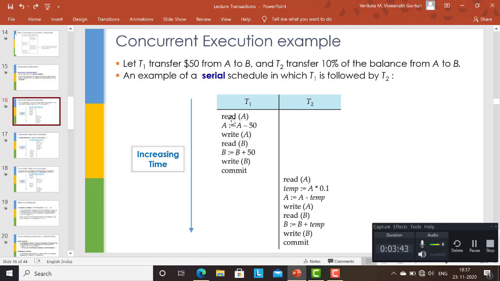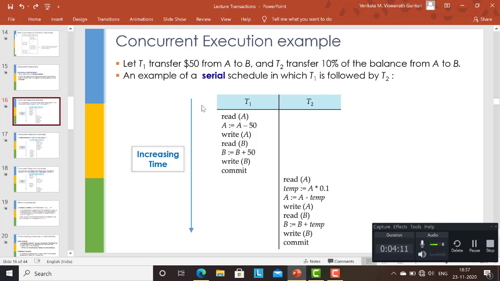Okay, so here T1 first read data item A, and then T1 was also the first transaction to read data item B, right? And then T2 executed after the entire T1 executed, right? Again, as I said, ignore these commits for now, right? So just these operations, if you see, this is how they executed, right?